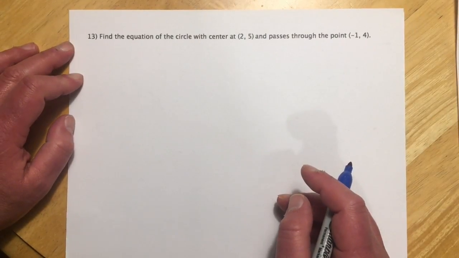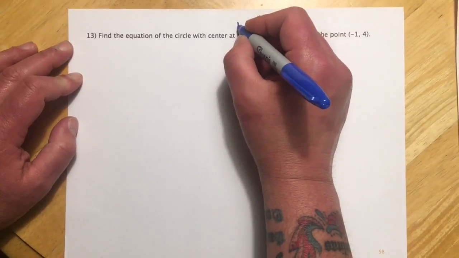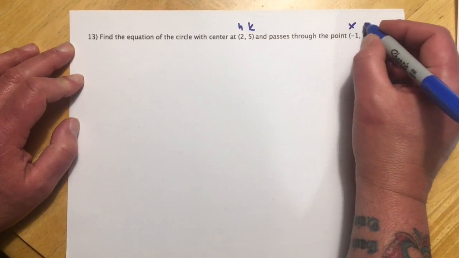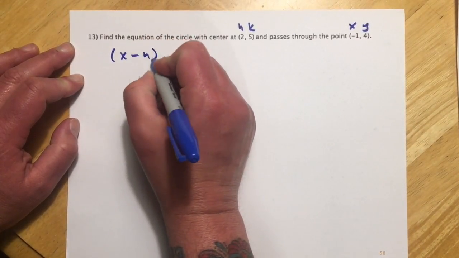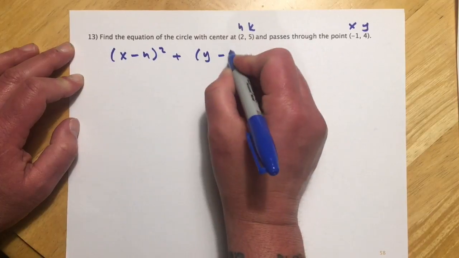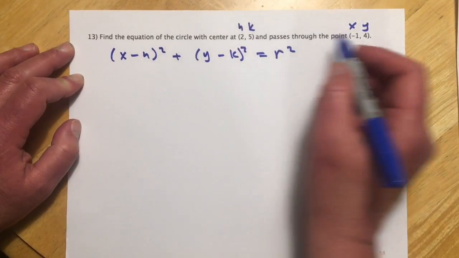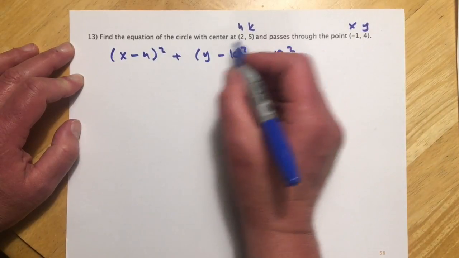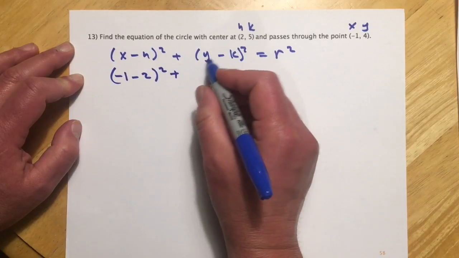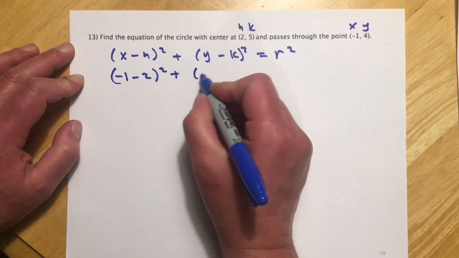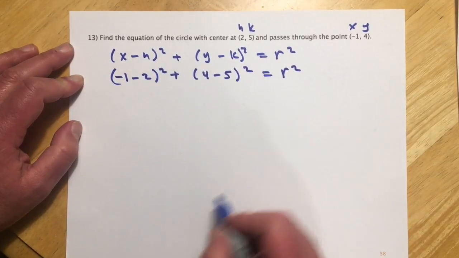So find the equation of a circle with a center of 2, 5 that passes through the point -1, 4. So there's an h, k, there's an x, y, and I can just do our x minus h squared plus y minus k squared equals r squared. So x minus h would be -1 minus 2, and then y minus k, so that's going to be 4 minus 5, equals r squared.